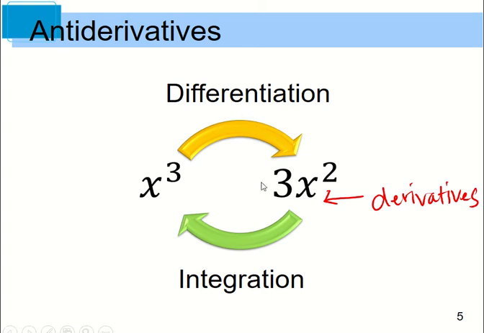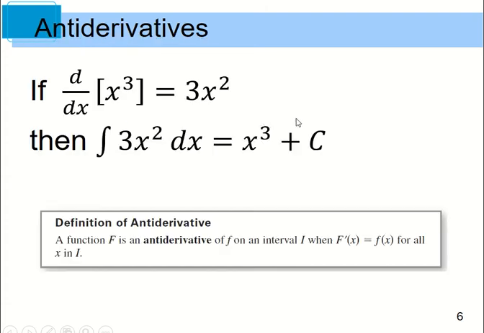Now, if we take this derivative through the process of integration, which is the inverse of differentiation, we will get the antiderivative. So the antiderivative refers to the answer of the integration. The word anti here means reverse, the reverse of the derivative.